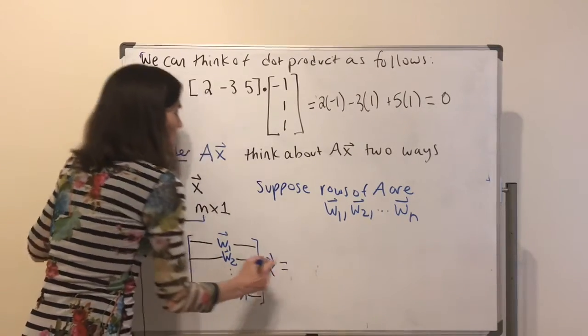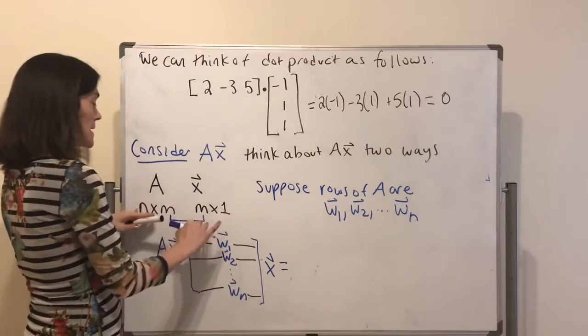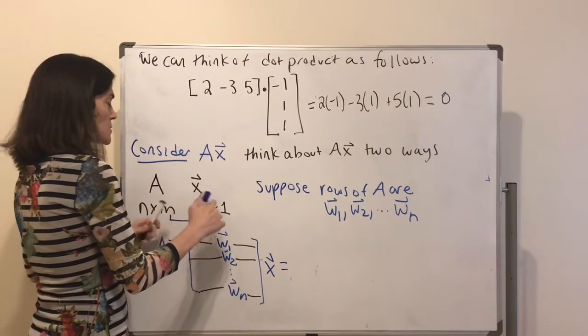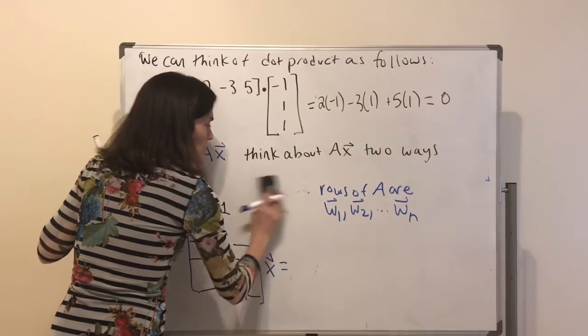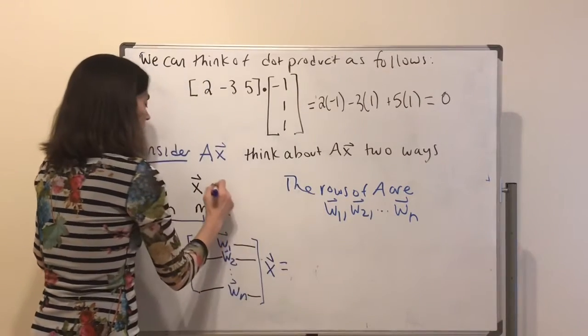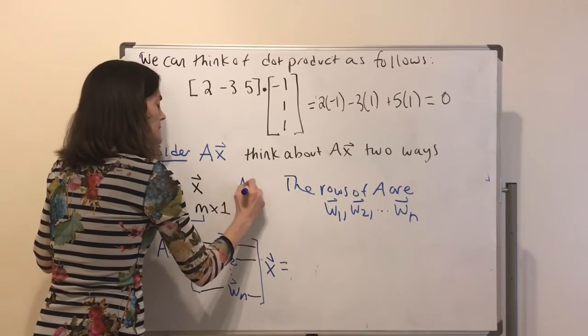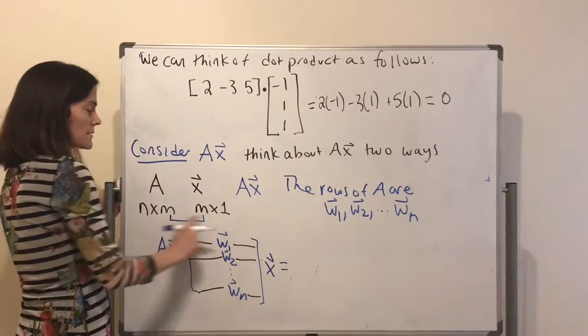Well, when you take a matrix times a vector, you make the product AX, and the size of this will be n by 1.